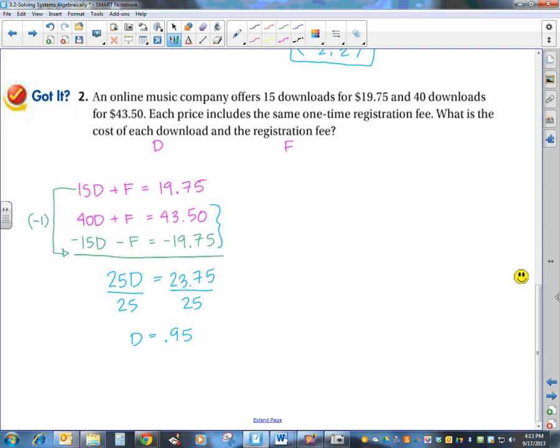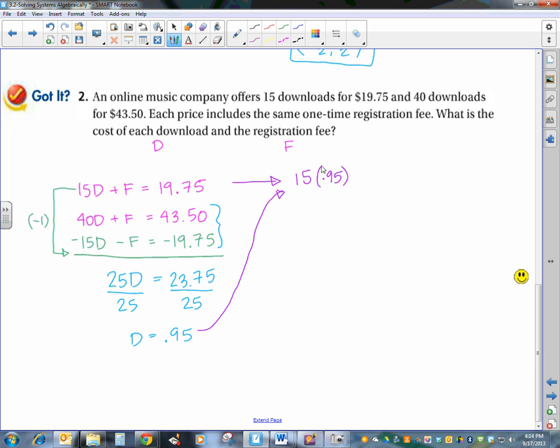To any equation, either one. So let's go plug it into, I'm just going to use the one with smaller numbers. Okay, so I'm taking this d value and plugging it into 15d plus f. So I have 15 times 0.95 plus f equals 1975.